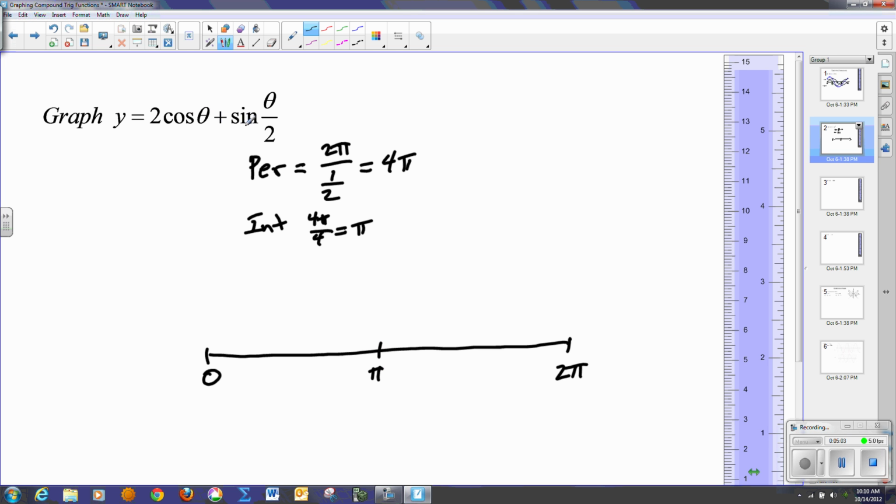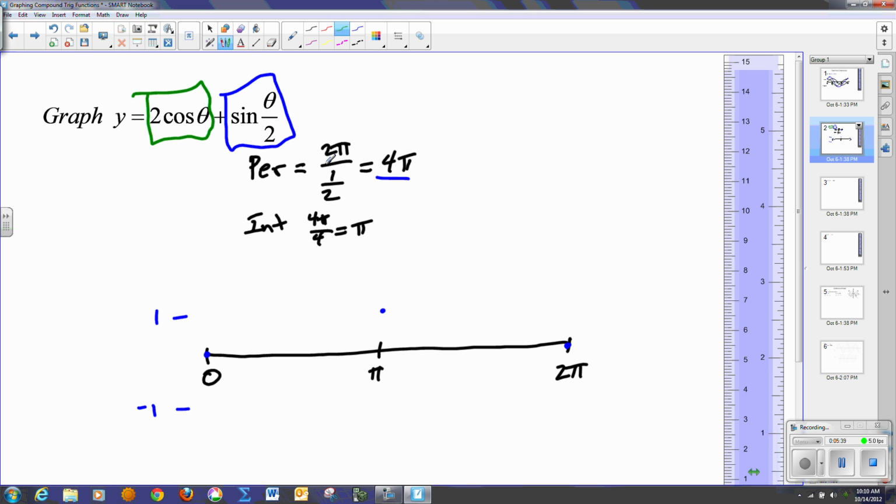So if I'm graphing a sine function, let's do this guy in blue, and we'll do this guy in red. All right. So the blue graph, remember, I'm going to go from 0 to 1. Let's call this 1 and negative 1, and back to 0. So that's my blue graph. If I wanted to do the whole sine graph, it would take me 4 pi to get that done.